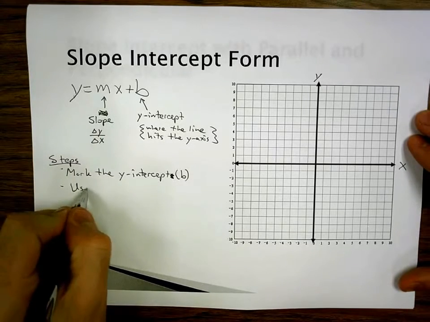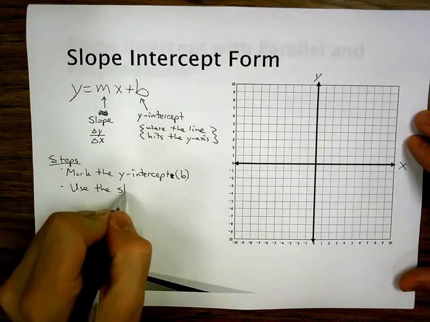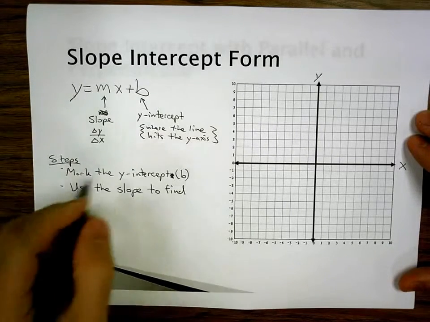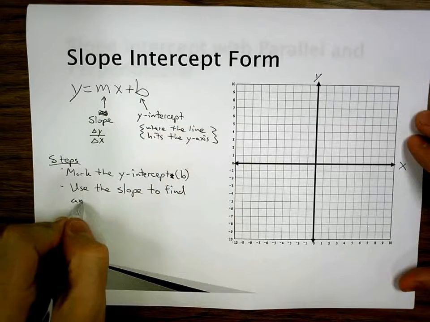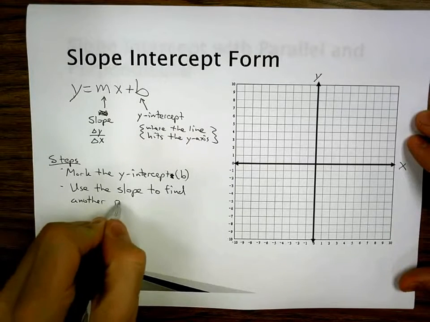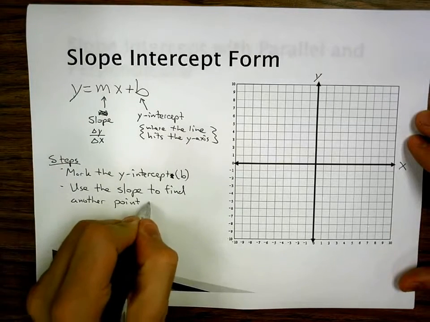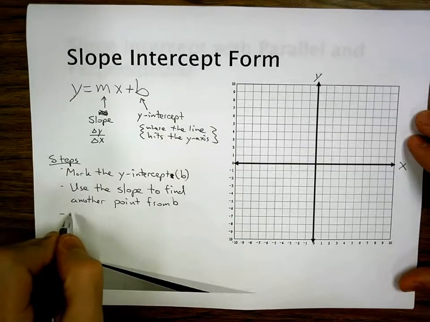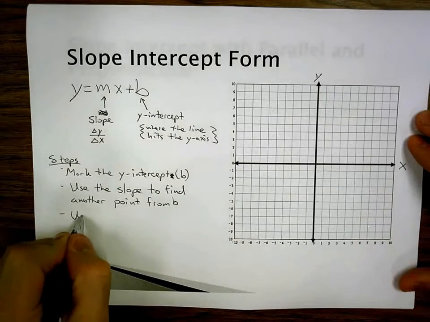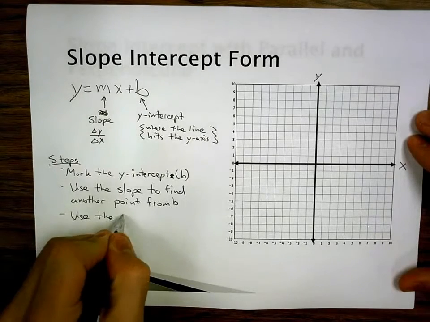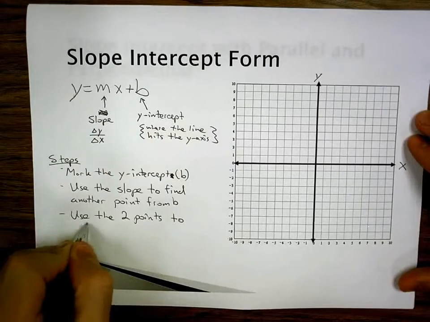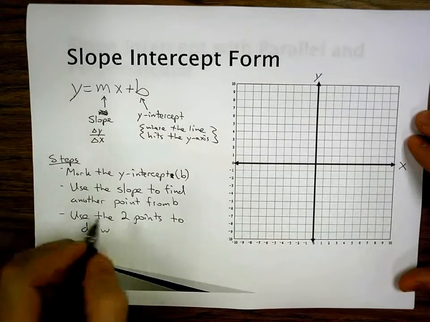Then, use the slope to find another point from b. And last, use the 2 points to draw a line, which we talked about before. You need 2 points to draw a line.